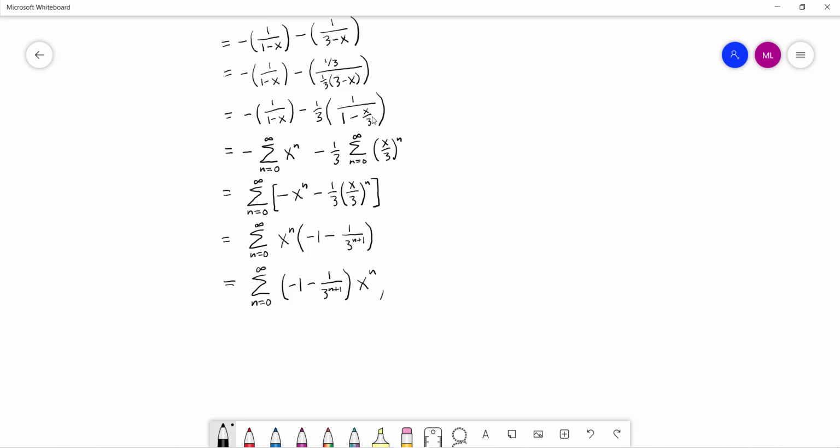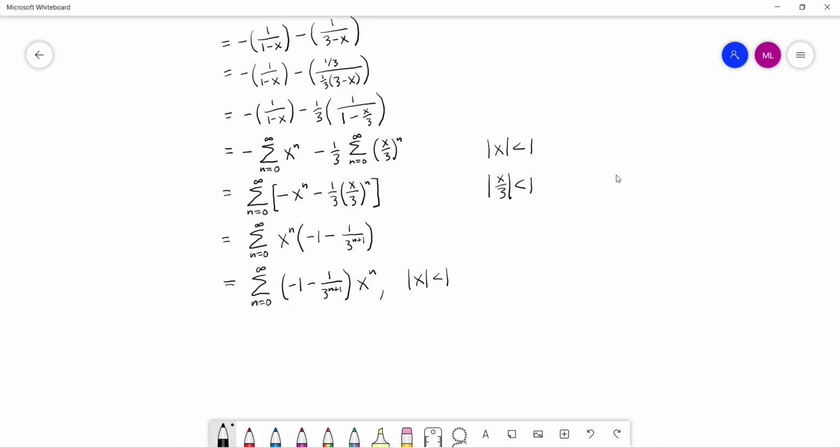This one required the absolute value of x over 3 to be less than 1. So in one case, we need the absolute value of x less than 1. The other one, we need the absolute value of x over 3 less than 1. And for the whole thing to work, we'll have to use whichever one of these is more restrictive. In that case, it's going to be this one. So absolute value of x less than 1.